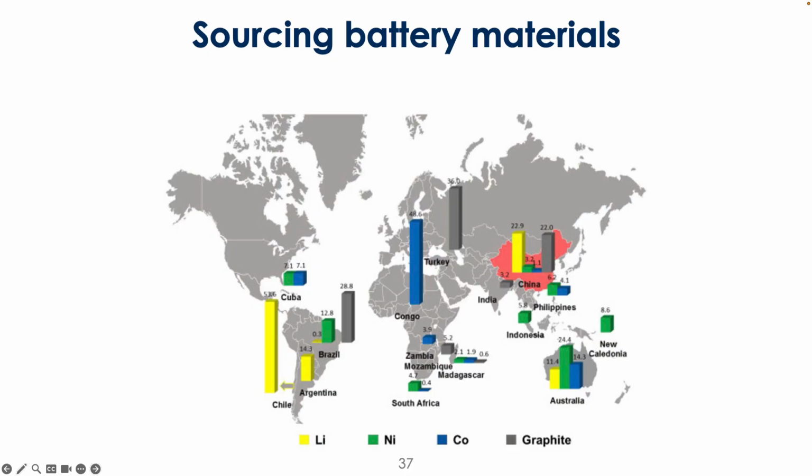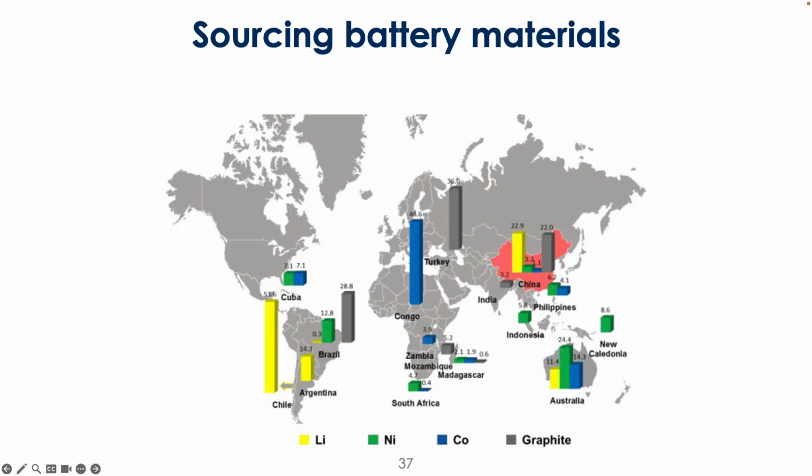In the US, for example, they really want to onshore a lot of this. And so there's been this move to start shifting away from reliance on certain countries for certain materials. The big ones that you see here are lithium, nickel, cobalt, and graphite.